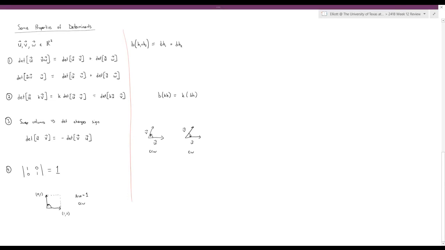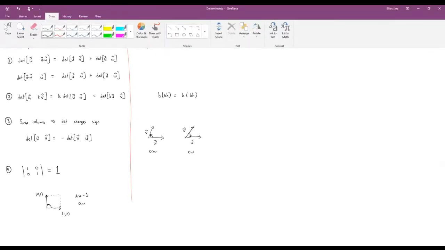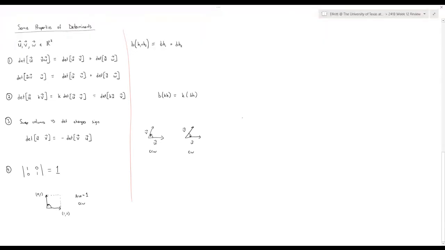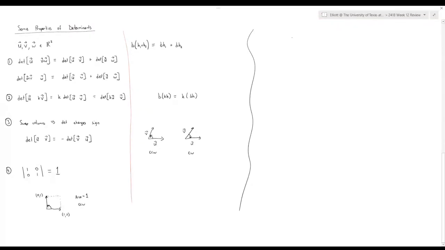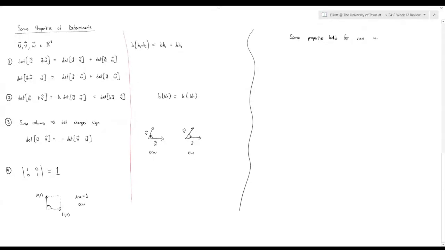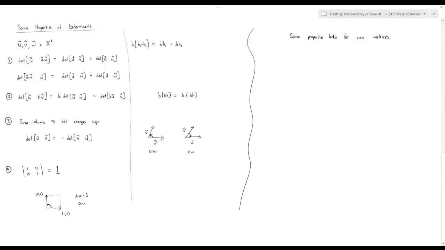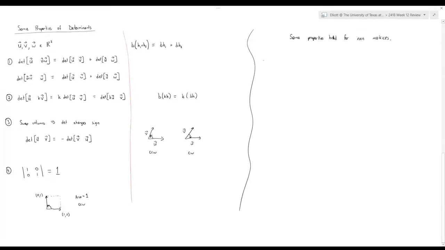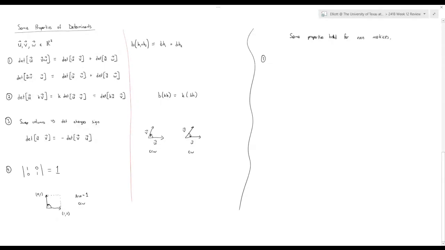But all these properties are also going to be true for any dimension as well. I won't rewrite all of them, but maybe just looking at the first property.